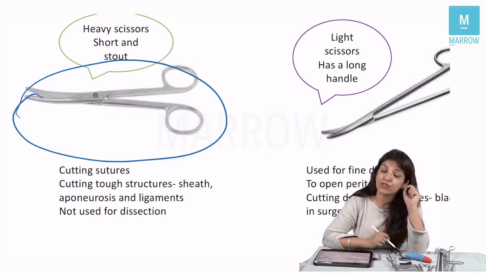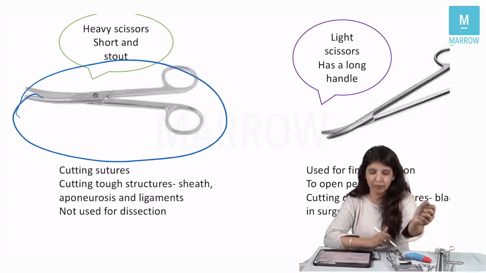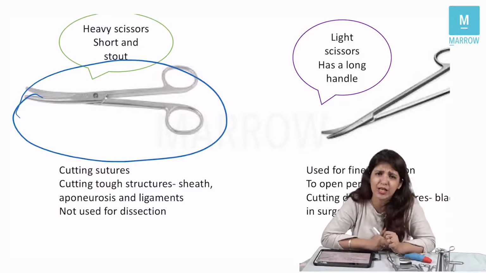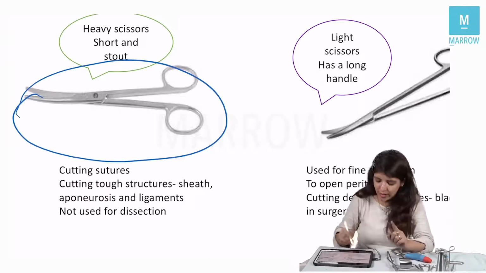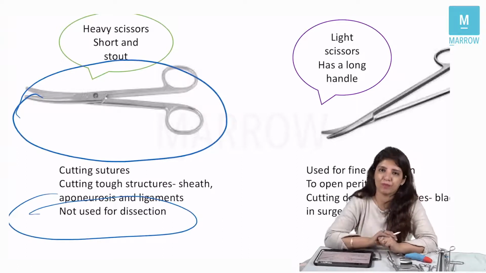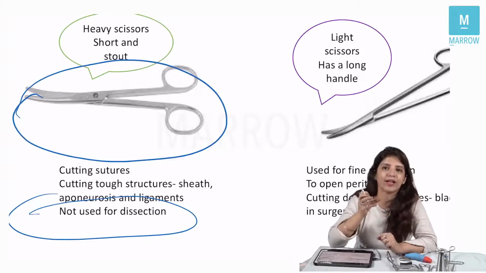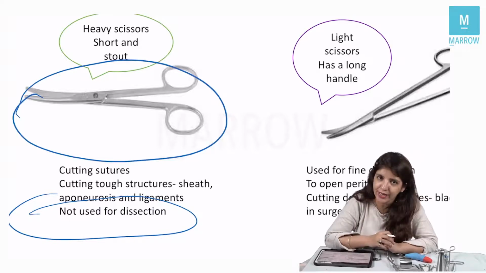Right? So, tough structures like, if you have to cut an aponeurosis or a ligament or rectus sheath or any sheath, then you are going to use a Mayo scissors. Mayo scissors should never be used for dissection, right? It is a short, heavy, stout scissors, right?